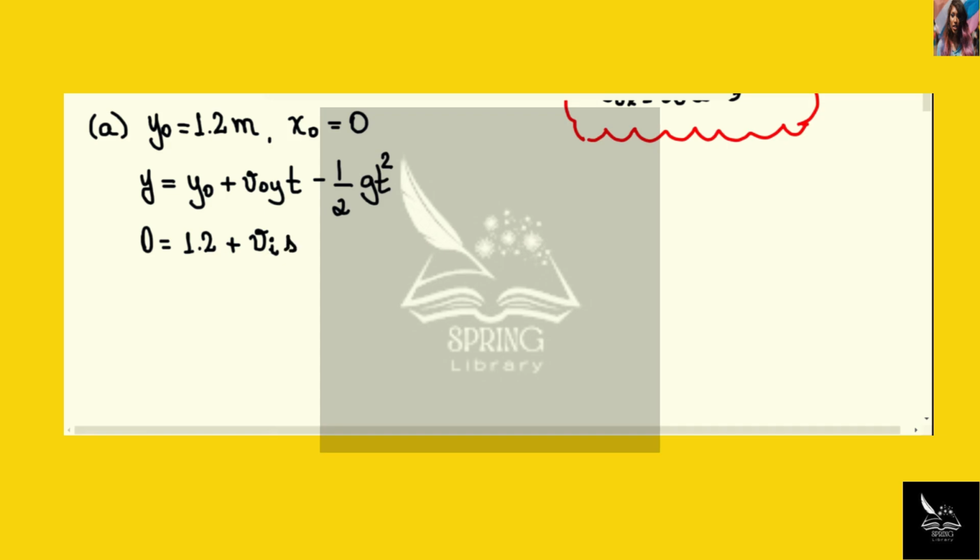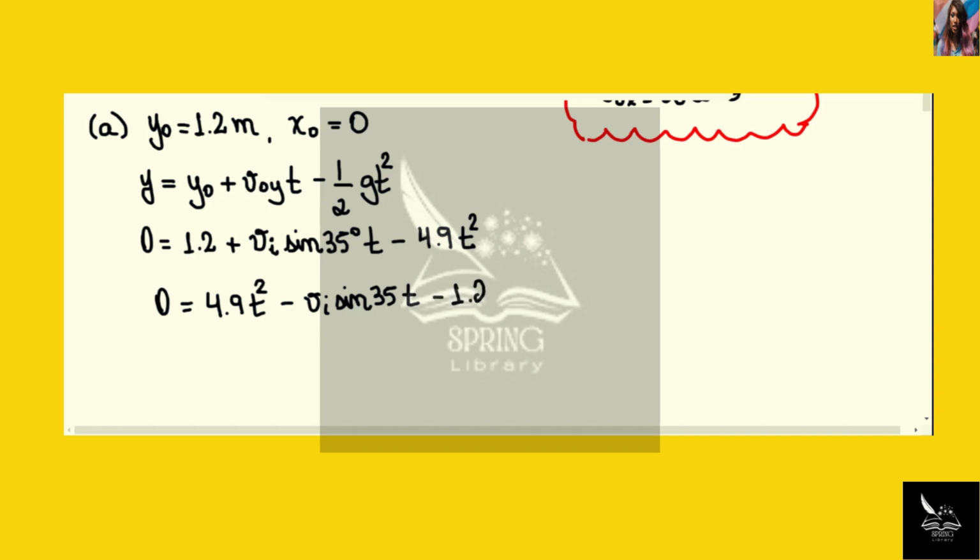So I have vi times sine of 35 times t minus 1/2 of g, so it's 1/2 of 9.8 or 4.9 times t squared. So 0 equals 4.9 t squared minus vi sine of 35 times t minus 1.2.